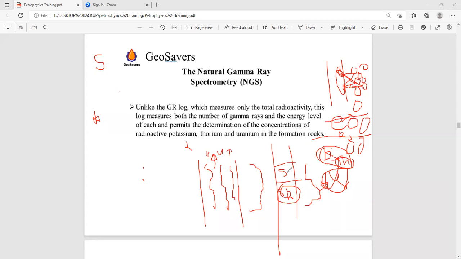So when I get into this particular formation, if this high measurement is coming from potassium, then I'll probably know that this is a reservoir rock, and the high measurement is due to a lot of feldspars found in that particular sandstone.